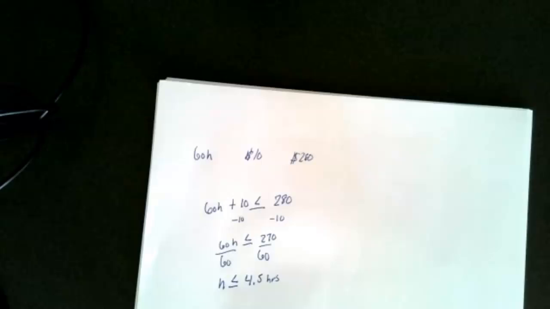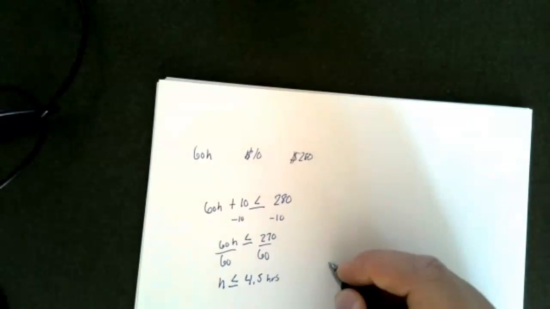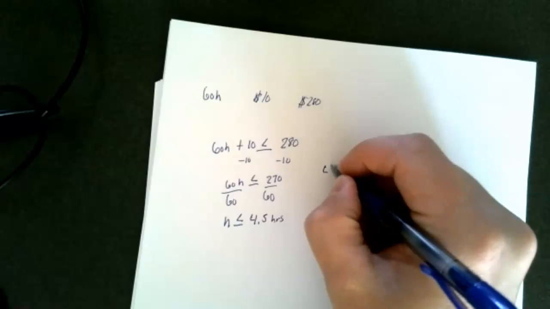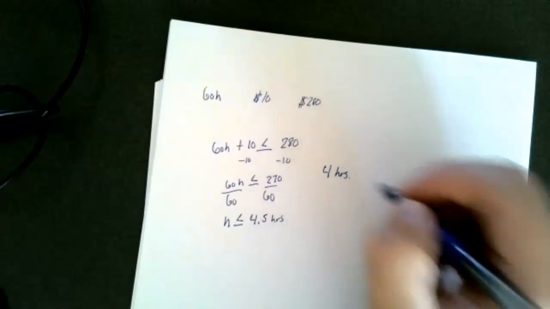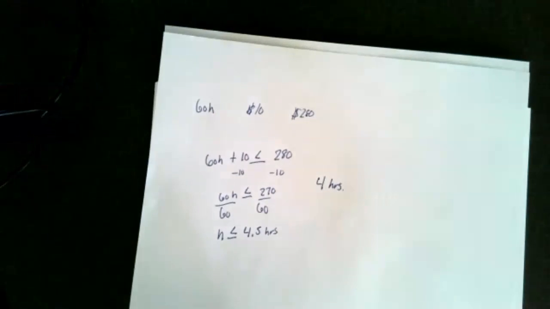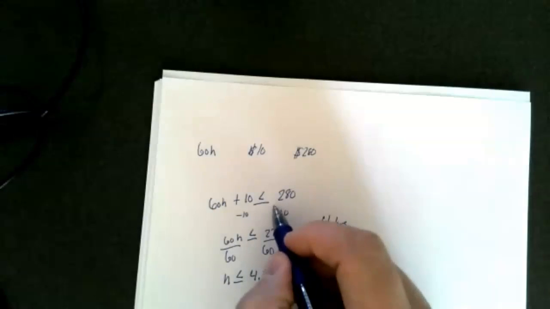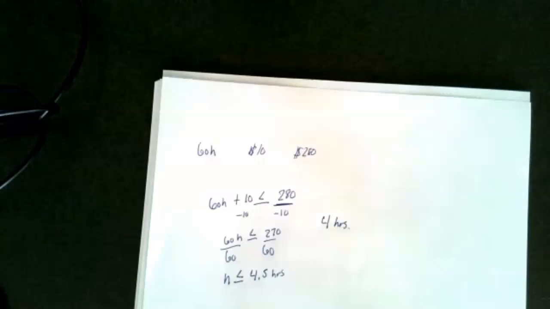But the question specifically states that it's only available for a whole number of hours. So the most hours that she can rent the boat without exceeding $280 is 4 hours, because it wants to be a whole number. If we go up to 5, her cost would be about $310, which violates her not wanting to be over 280.